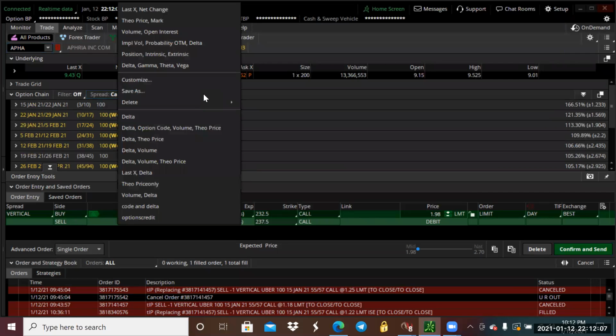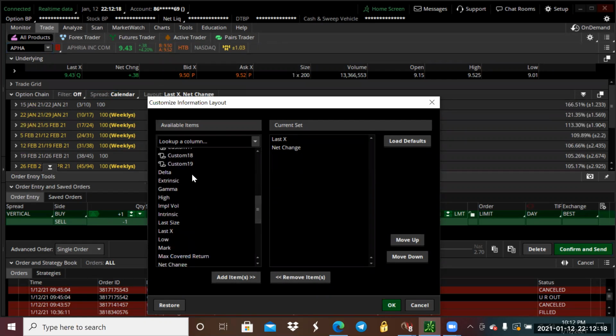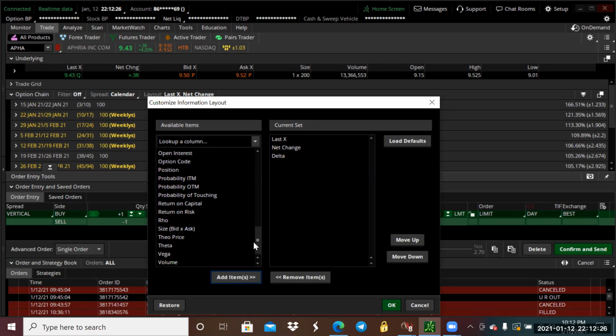Also you can change the layout, you can customize here and then add whatever you need. But if you add something, make sure that you have the delta. I always use the delta for everything. You can do the implied volatility, that's fine too. But the volume is important.